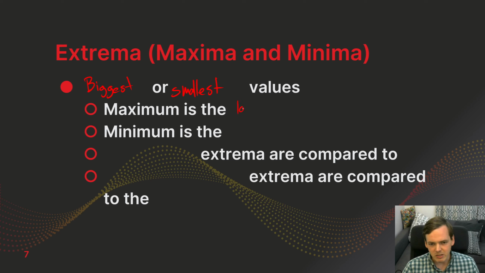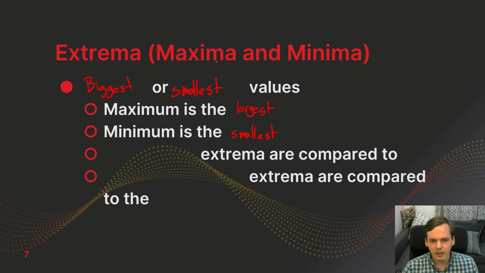The maximum is the largest value, like you'd expect from English, and the minimum is the smallest value. Again, like you'd expect from conventional English here. But there are two types of extrema that we can talk about.